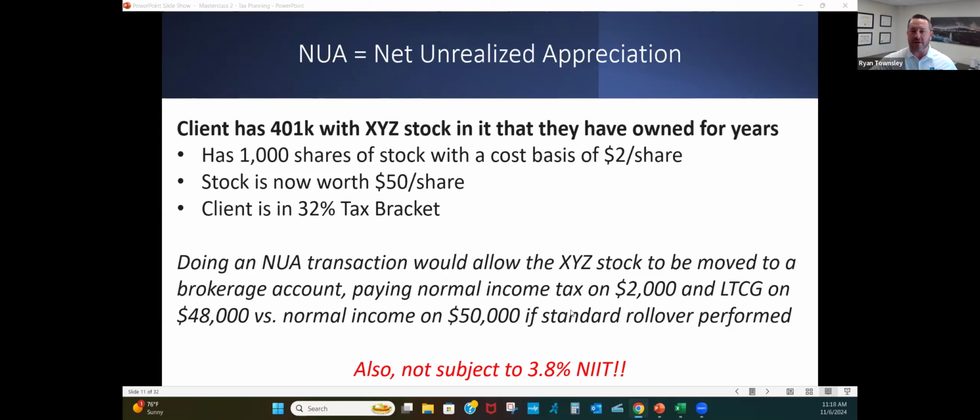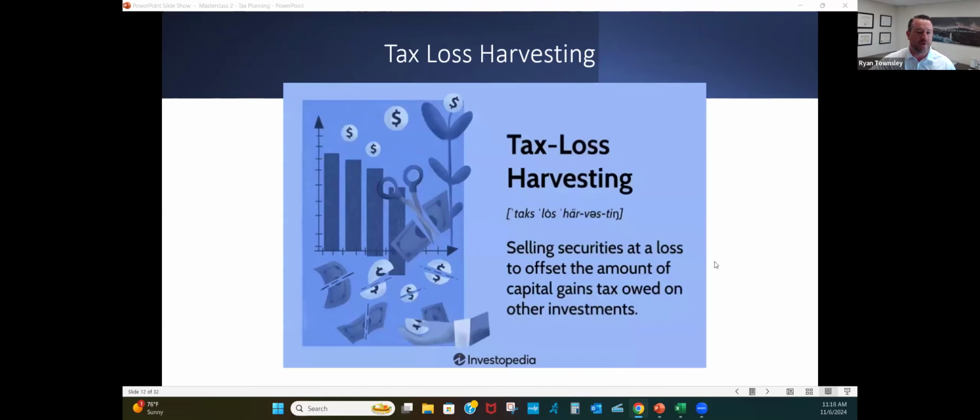And even if the analysis comes out that it's not worth doing, because a lot of times it is if it's a high cost basis or they're in a low bracket, at least you took a look at it. And even looking at something and choosing not to execute it is a value add. The client sees that you're proactive, and they know that you are looking at all of the opportunities to help them save money, even if you don't end up actually implementing one.